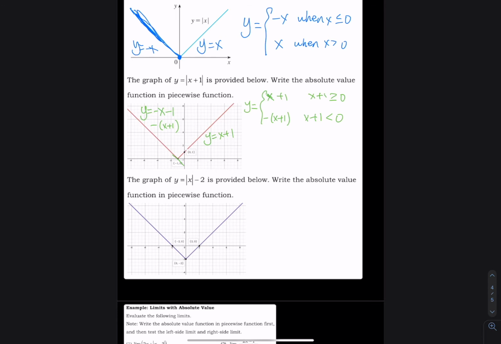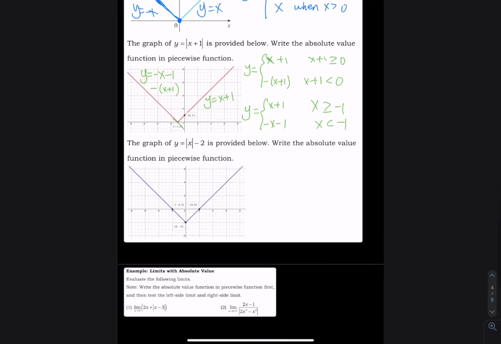And then we have to clean up the domain. So y equals x plus 1 and negative x minus 1. This is when x is less than -1. This is when x is greater than or equal to -1. And then the next one has a -2.